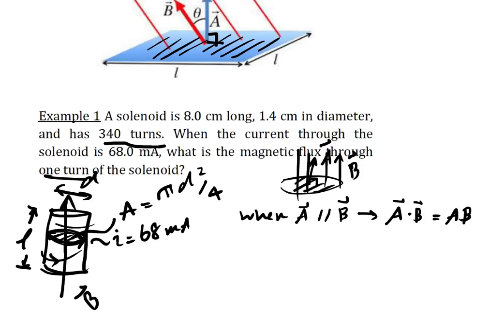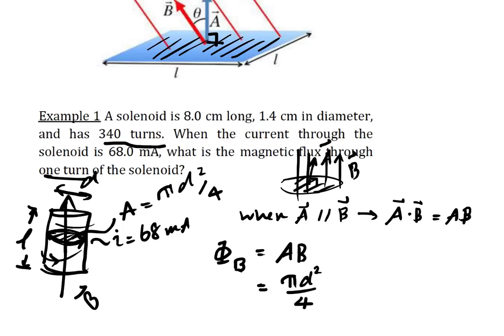So here the magnetic flux would be just AB, where A is the area and B is the magnetic field. How do we find the area? The area is pi d squared over 4, where d is the diameter given in the question.